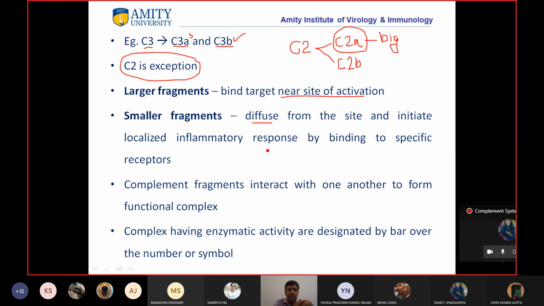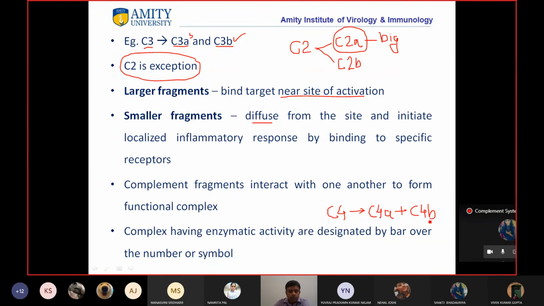Complexes having enzymatic activity are designated by a bar over the number or symbol. Okay, so इसका क्या मतलब है? Just for example, suppose if you have C4, so this becomes C4A plus C4B.